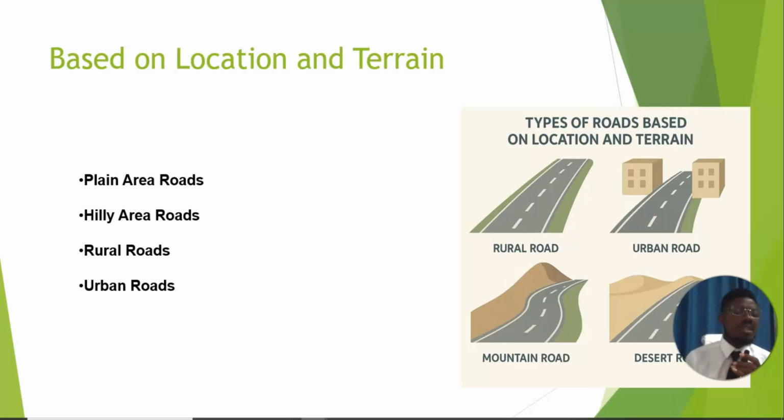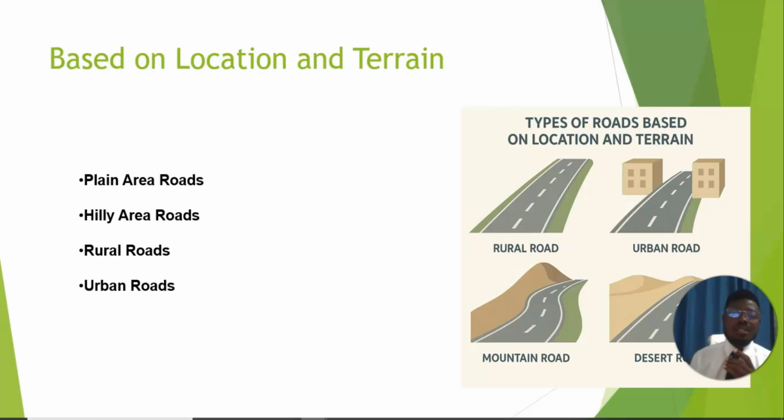Then the rural roads are more like the ones that connect villages with towns and cities, and they are usually of lower specification compared to urban roads. So it doesn't really require that much compared to urban roads. All they do is connect villages to towns and cities. But the urban roads have high traffic volume.